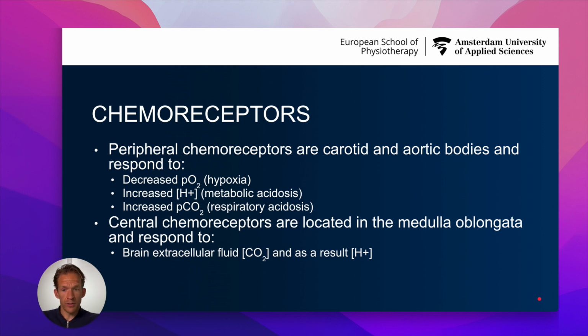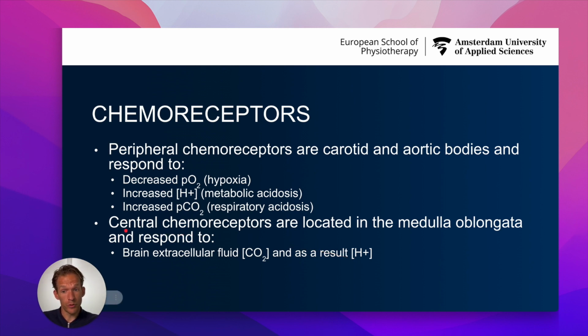As you can see in this slide, the peripheral chemoreceptors respond to PO2, to acid, and to CO2, whereas the central receptors basically only respond to the CO2 levels in the brain extracellular fluid, and then indirectly, because of the buffer, also to acid.